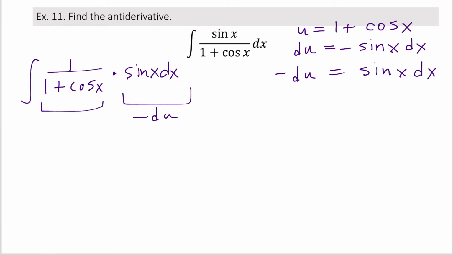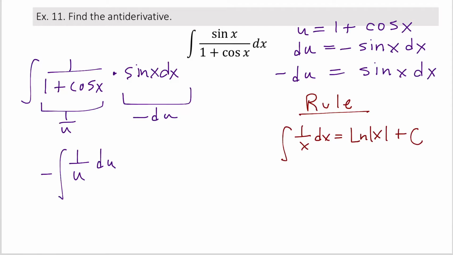This here is 1 over u. So I've got the integral of negative 1 over u du. So let's write our rule down again. So there's our rule. So we've got negative natural log of u, absolute value, plus c.